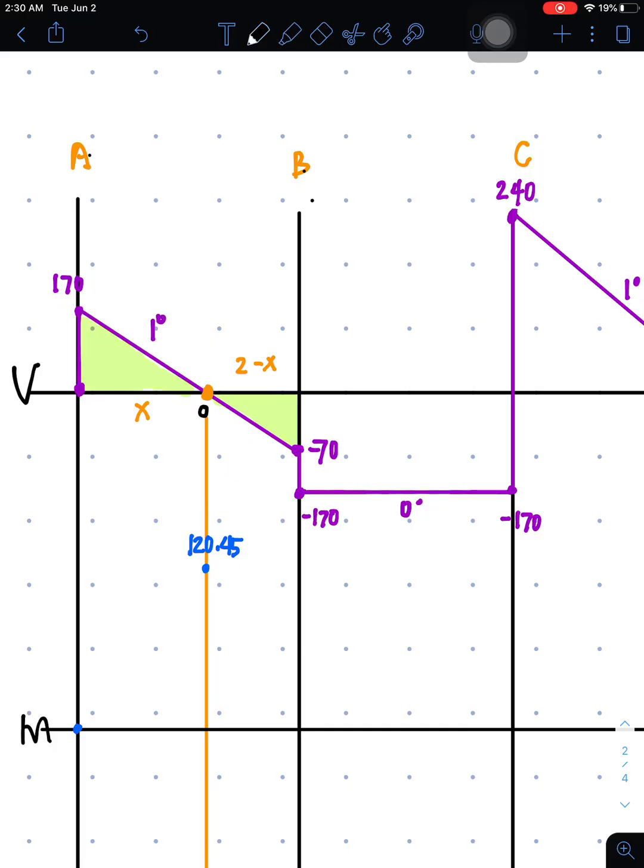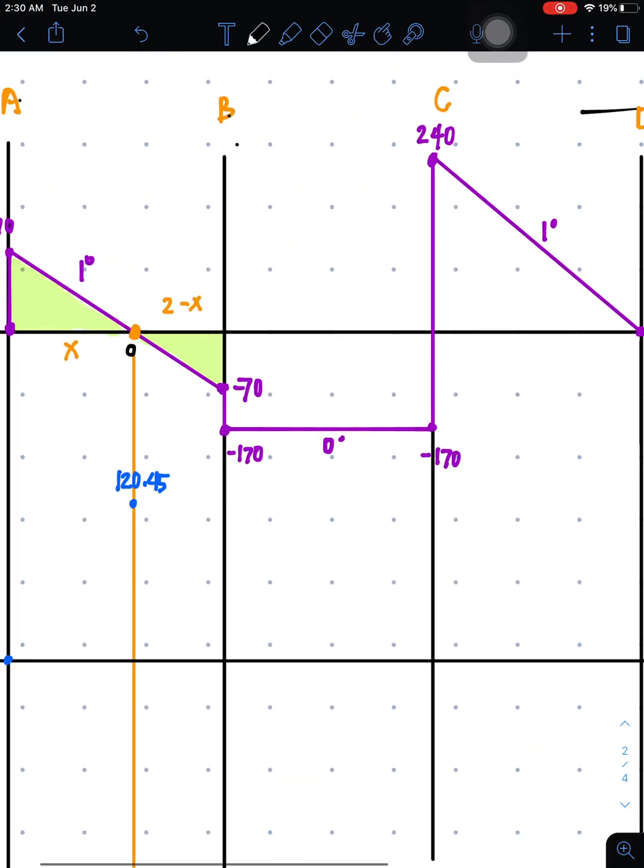And this time the shear is negative, okay, it's found below the zero shear line. So it is negative, with a height of 70 and a base of 2 minus x.